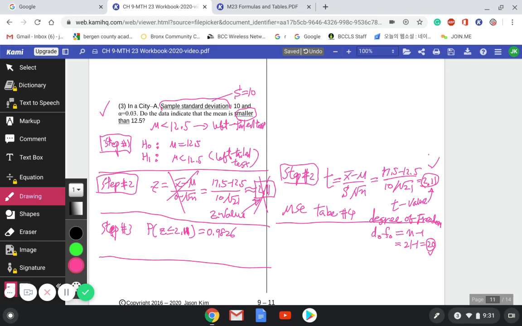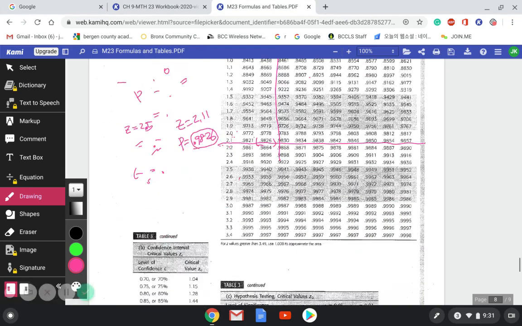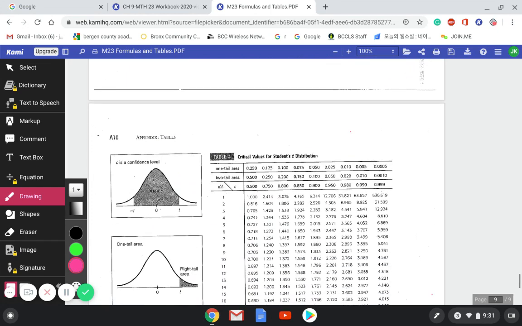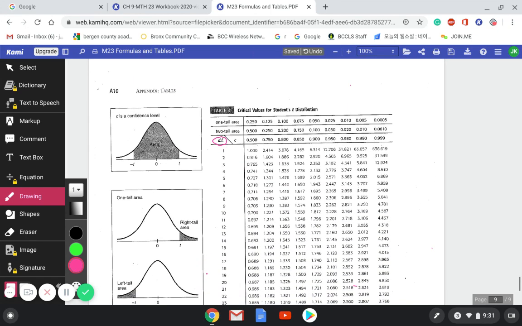So what else do you need? Well, if you go to table number 4, you need a degree of freedom, which is 20, and what else do you need? Well, we said t value was 2.11.